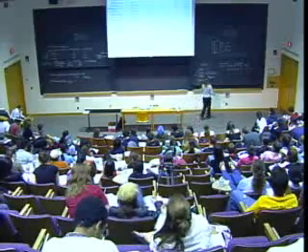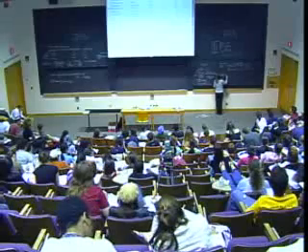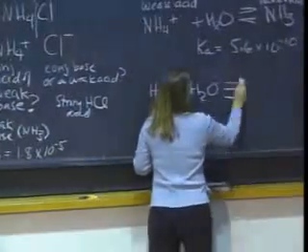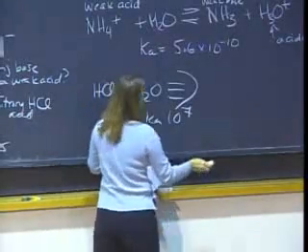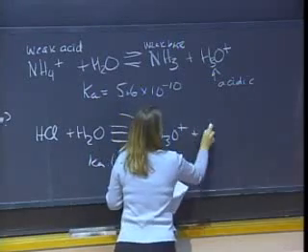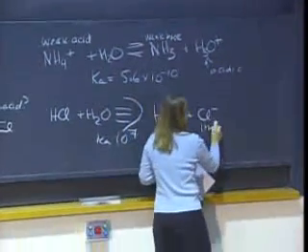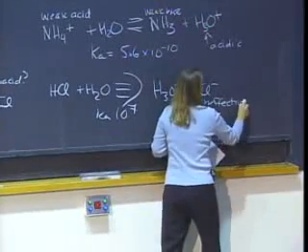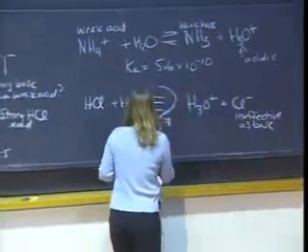If you had HCl in water, it's a really strong acid, Ka 10 to the 7th, and so it would go pretty much all the way to completion. So that means that Cl minus would be ineffective as a base if you have a strong acid.